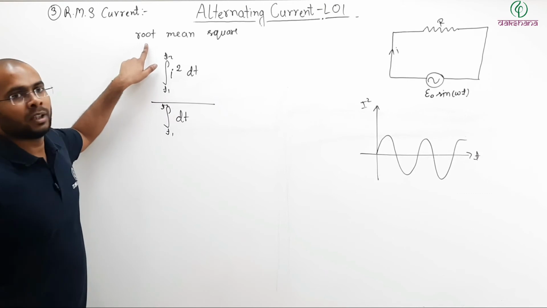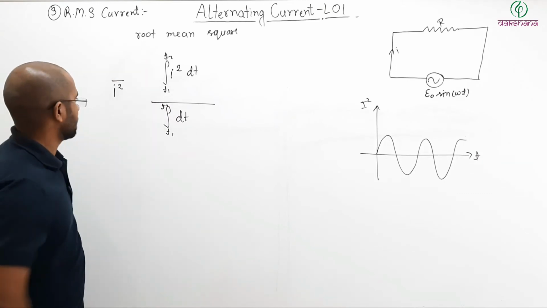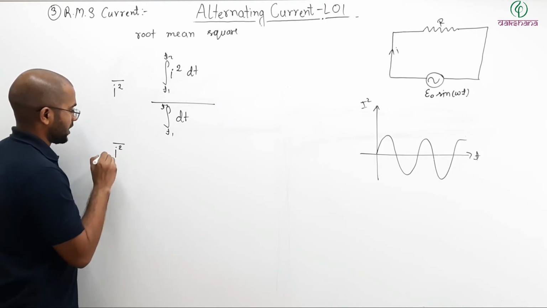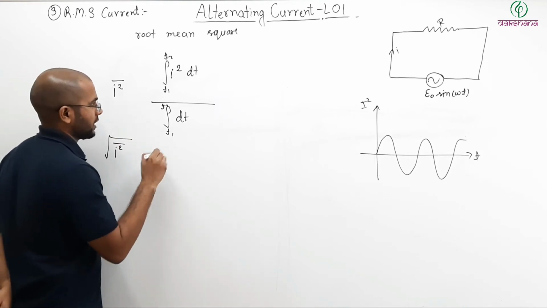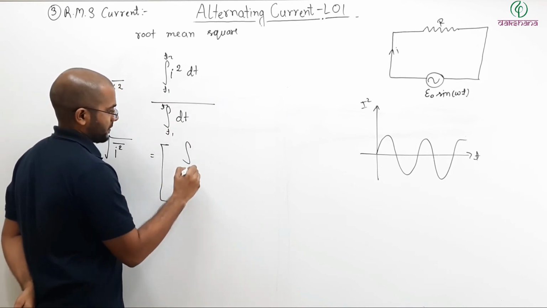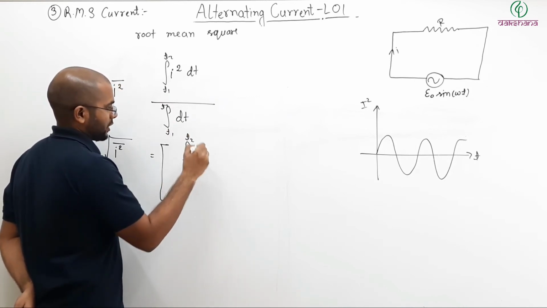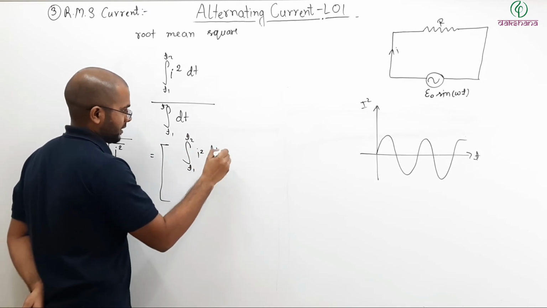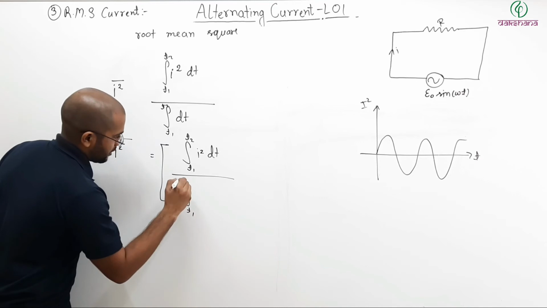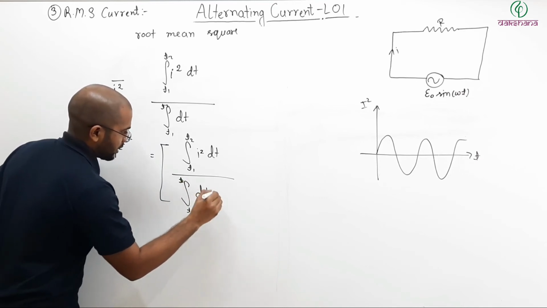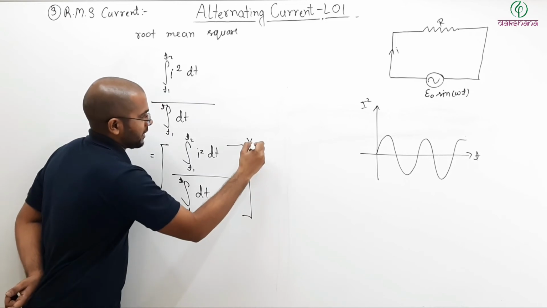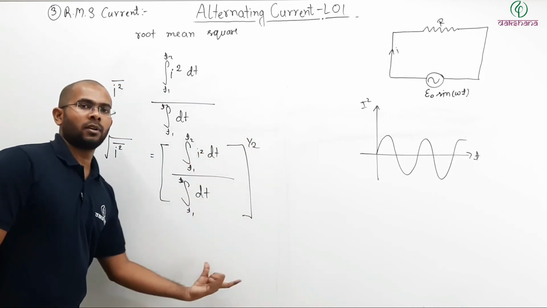Now lastly, you will take the root. So I square average, then root. That will be your answer: integration T1 to T2 of I square dt divided by delta T, and here you will take the root of the whole value.